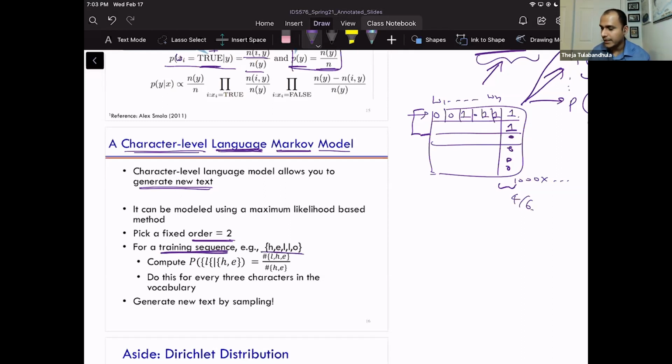Okay, so HELLO is a sequence of characters where, for example, the character L should follow E, or it should follow, for example, L, right?